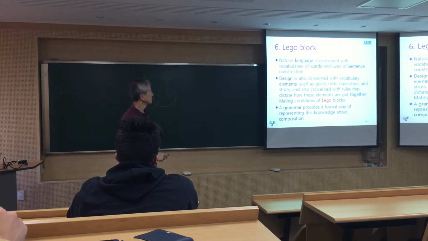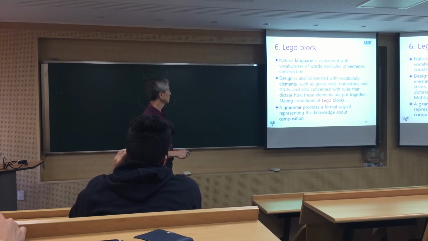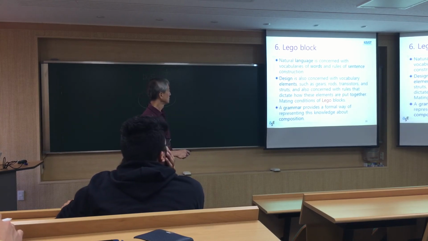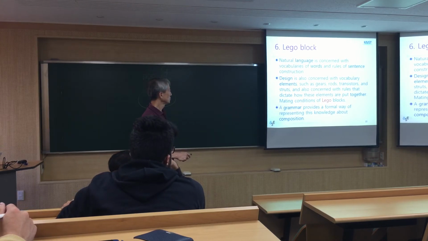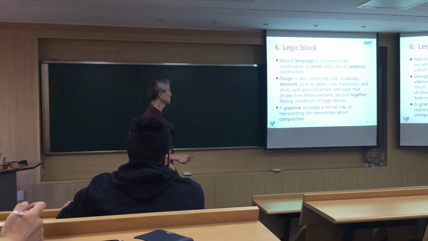Natural language is concerned with the vocabularies of words, terminologies, and also rules of sentence construction. Design is also concerned with the vocabulary of elements such as parts, right? Gears, rods, transistors, struts, and also with grammatical rules that dictate how these elements are put together.